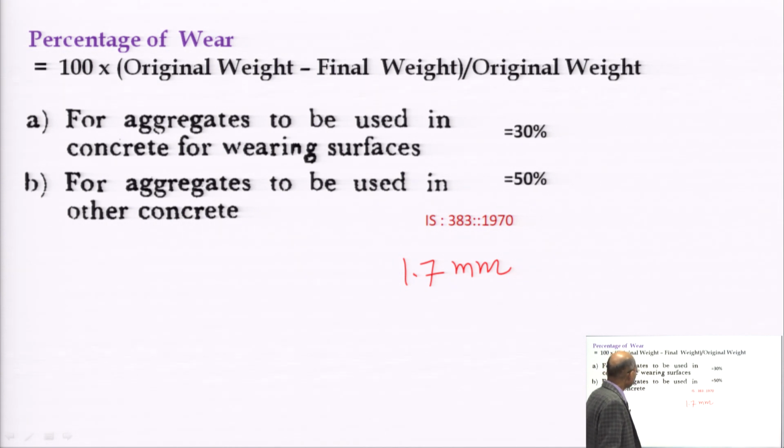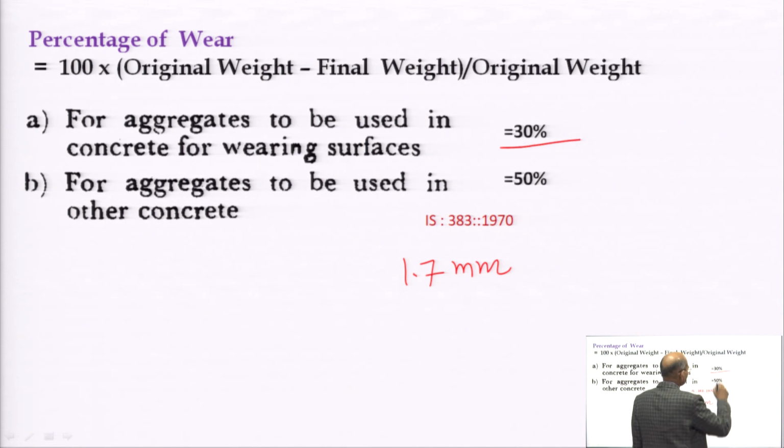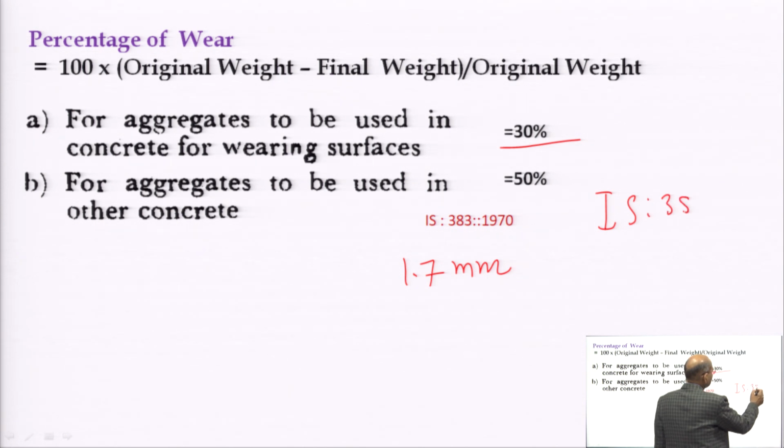So, for aggregate to be used in concrete for wearing surface like runways or highway, we have to use a value not more than 30%. So, this is given in IS 383 1970 code.